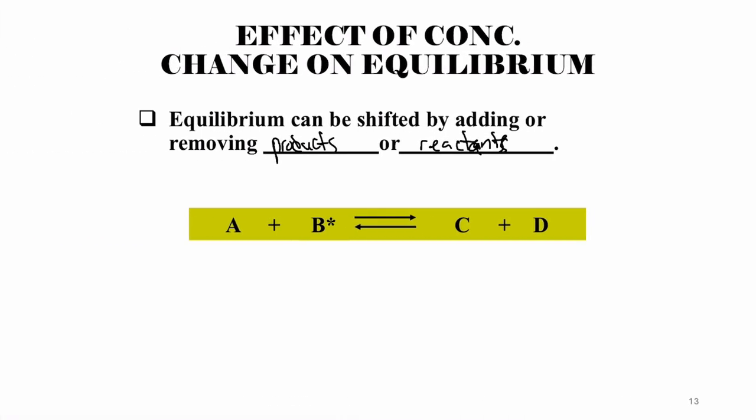So for example, if we were to increase A, to restore the ratio of products over reactants, the reaction would then shift to the right to keep that equilibrium ratio the same. If we were to decrease B, so we were able to take B out of the reaction somehow, then the reaction would shift to the left to restore that ratio. If we're lowering the number of reactants, we want that same equilibrium ratio, which means we need to make more reactants to keep that ratio.